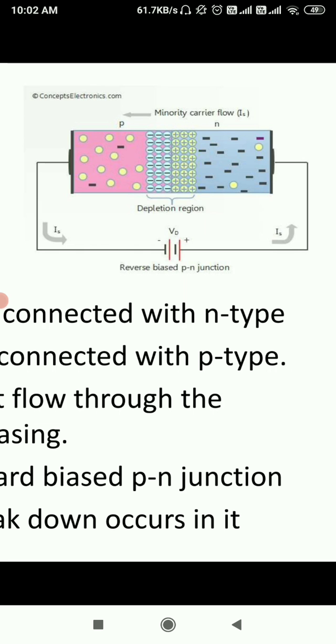So when we give negative power supply to the PN junction diode, due to the attraction between the negative terminal of the battery and the holes, and between the positive terminal of the battery and the electrons, the width of the depletion region will increase.